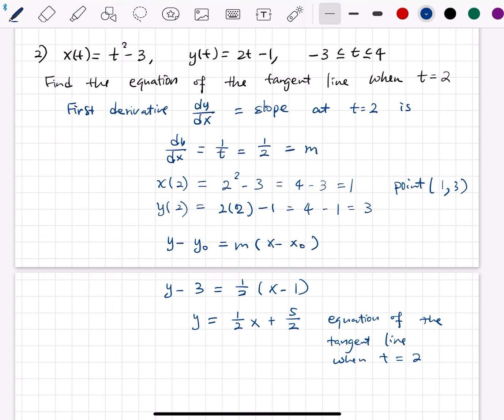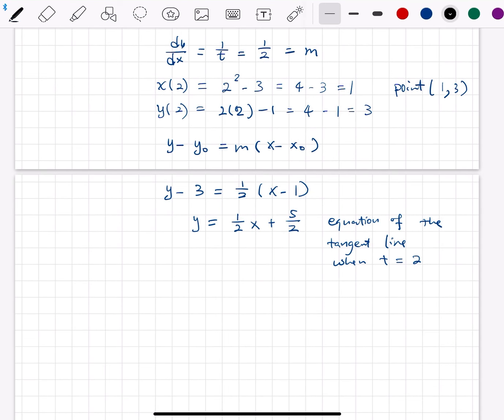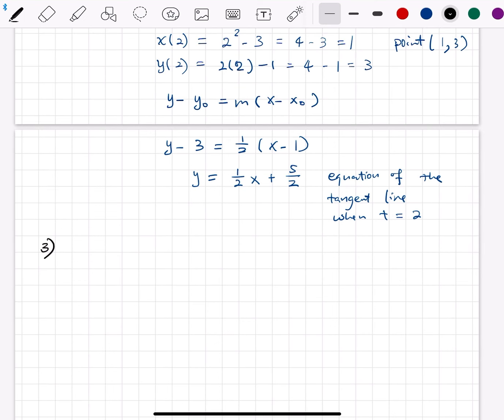Now, since we talked about the first derivative, we can also find the second derivative or even higher order derivatives. So I still have the same function: x of t is t squared minus 3, y of t is 2t minus 1, and t is between negative 3 and 4. I want to find the second derivative, which is d squared y over dx squared.